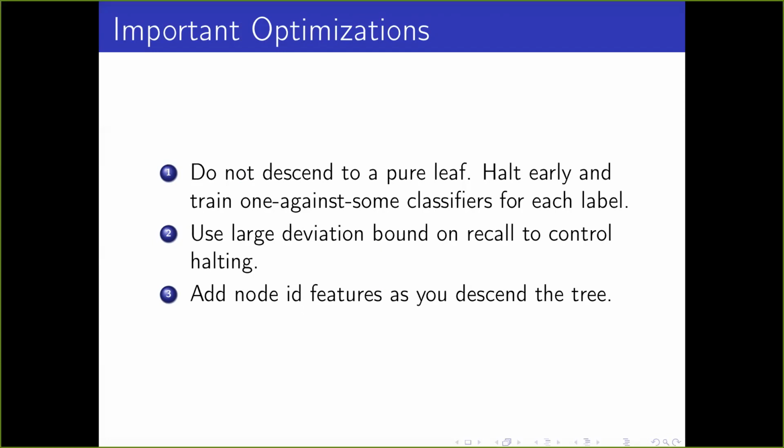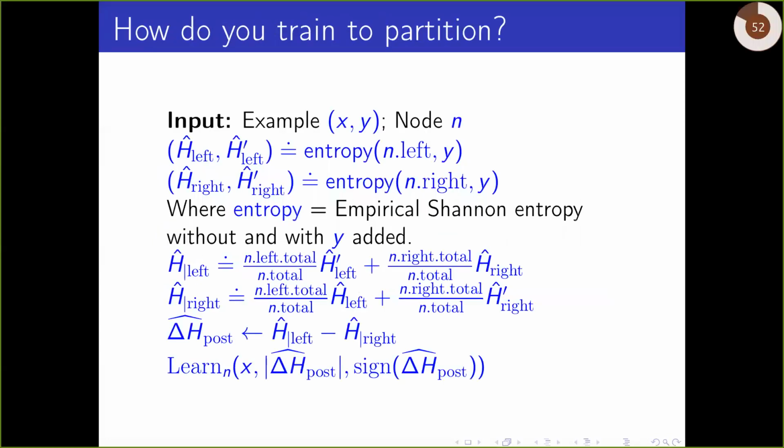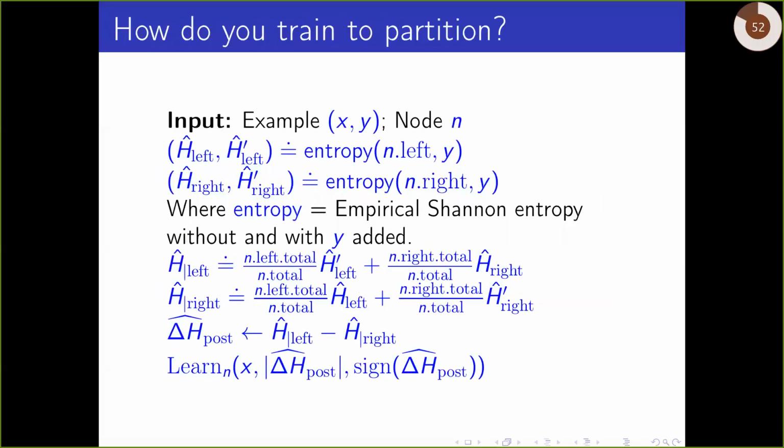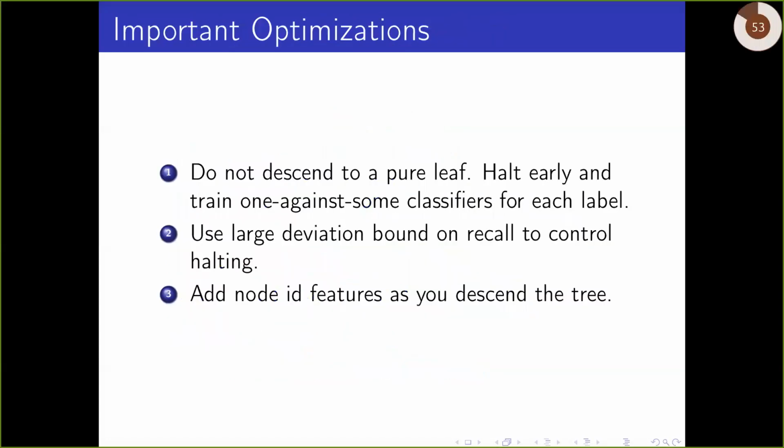So as long as the number of labels in a leaf is logarithmic in k, this is still a logarithmic time algorithm. Controlling when you halt is a little bit tricky because the empirical entropies and empirical recalls of a tree are misleading statistically. So you need to have a bound.